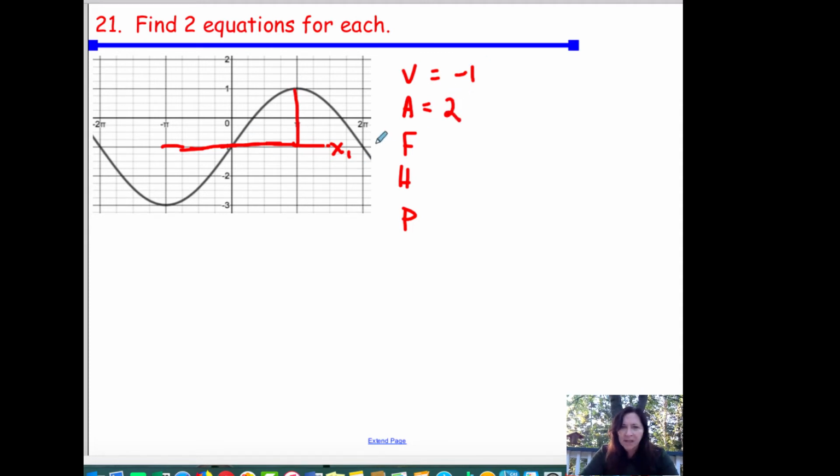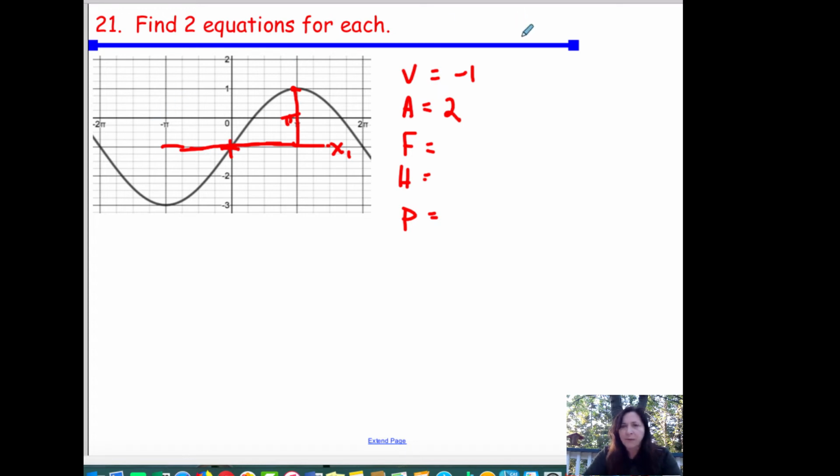My frequency, I'm going to get to that in a minute. The frequency is basically how many times you're going to see that graph in a 2 pi period. My horizontal shift looks like there is no horizontal shift because it does start at 0 if it is a sine wave. If I were to start it as a cosine wave, because remember cosine starts high and ends high, then I would have a shift of pi. My period though, so let's look at this.